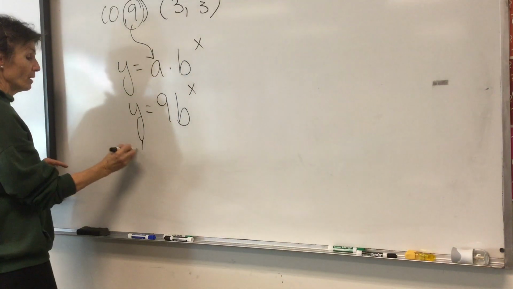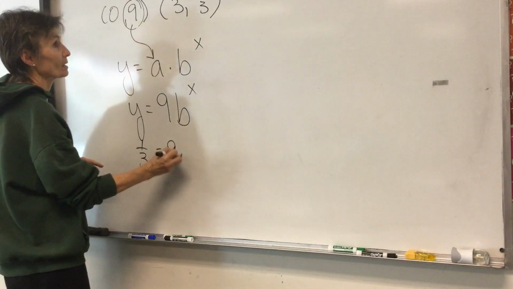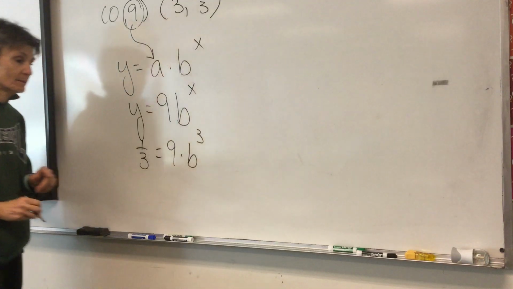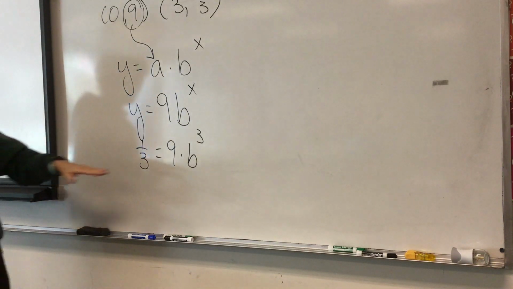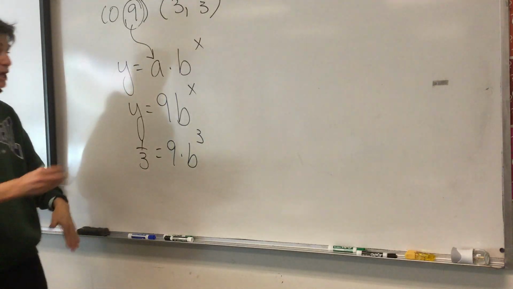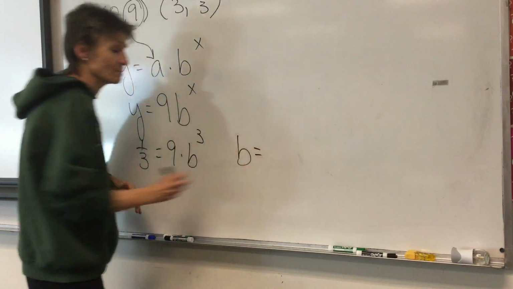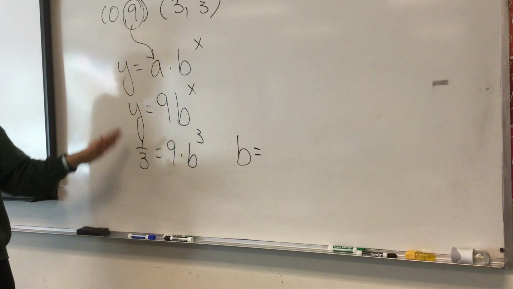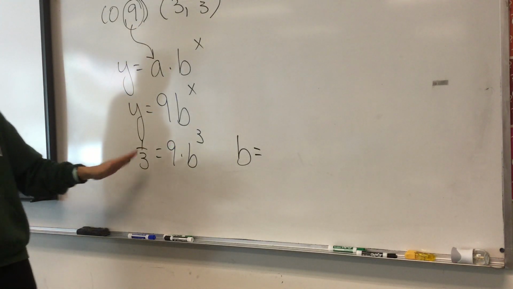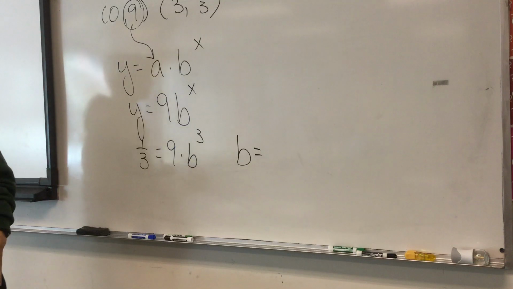So, we'll put in 1/3 and b cubed. Now I need to solve for b. My objective is to figure out what does b equal. So what would I do here to start figuring out what b equals?